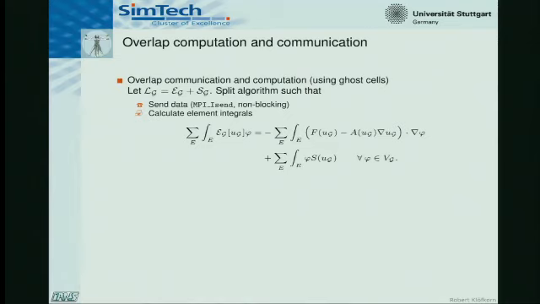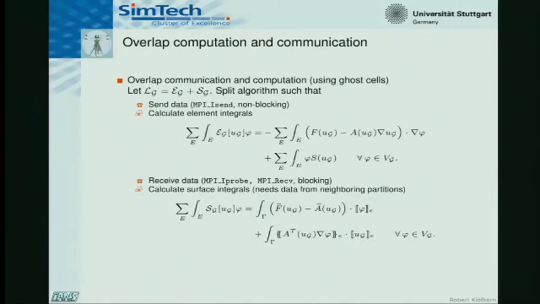Then you calculate all the element integrals, because no neighboring information is needed. Then you receive, and this is a blocking operation, so maybe you have to wait, maybe not. And then you calculate the surface integrals.